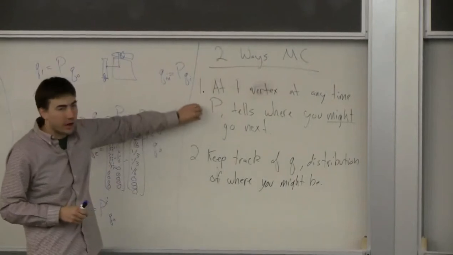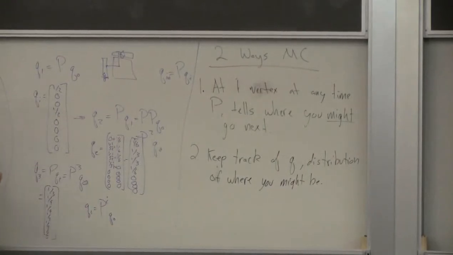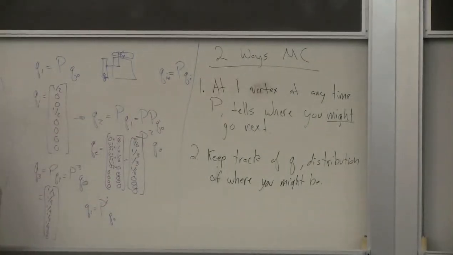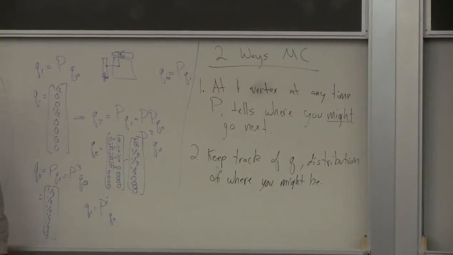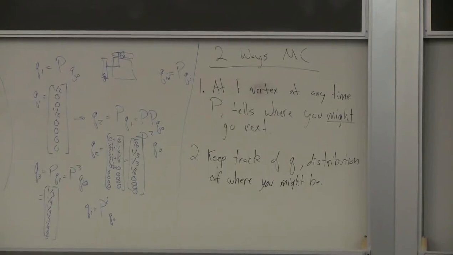So we'll come back and talk more about this view after I finish up some definitions of what a Markov chain is. Often you're only introduced to one of these two views, and I've talked to people who've learned one and then get confused when you try to explain the other. These are different ways of thinking about them, and you're usually doing one or the other. But they're of course very related. Type 2 tells you the distribution of where the point is, but in type 1, you're only maintaining one of these possible locations at a time.